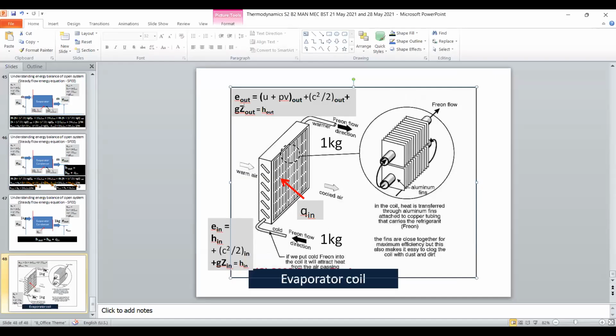So your energy balance: E in plus Q in is E out. E in is H in, plus Q in is H out.